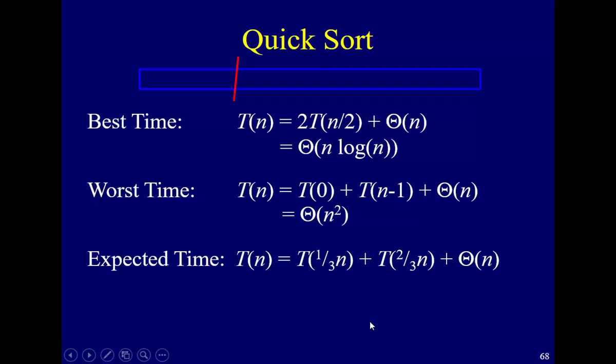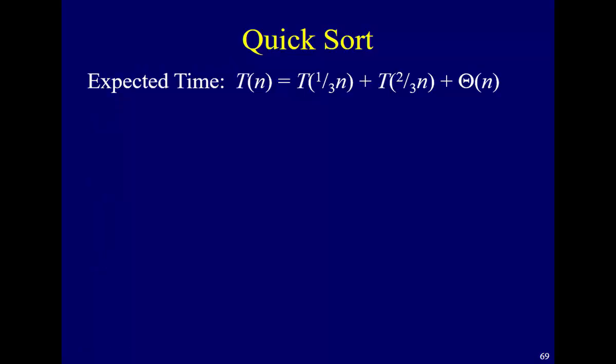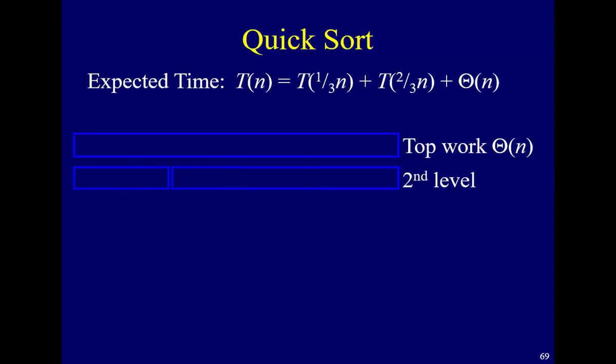Now we can analyze what the running time is going to be. So I'm claiming it's still going to be n log n time, and I'm going to prove that to you by waving my hands around. All right, so remember the top level work, it's a list of size n, so the top work is n, right? Then we split it, and actually it doesn't matter where we split it, does it?